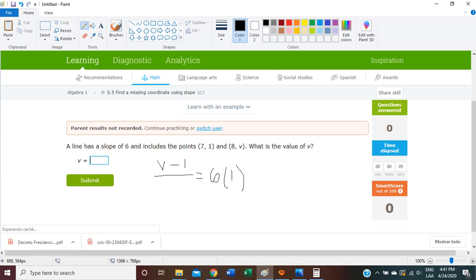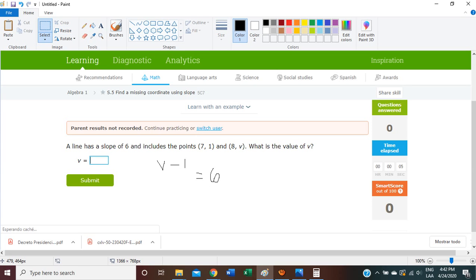Okay, remember we use parentheses to express multiplication, and 6 times 1. Well, let me use this other tool. All right, and I don't need this line anymore. So v minus 1 equals 6.